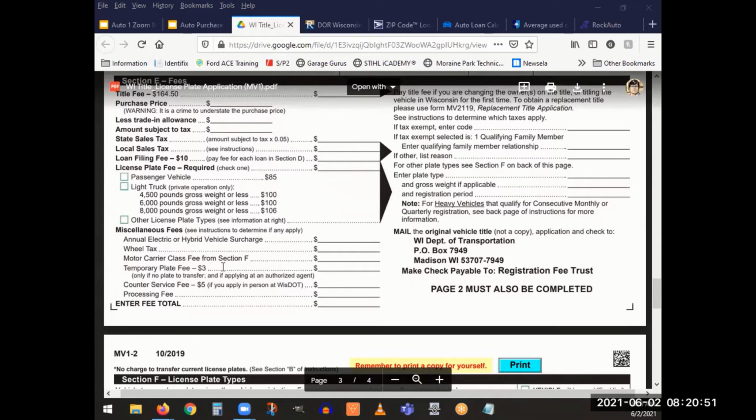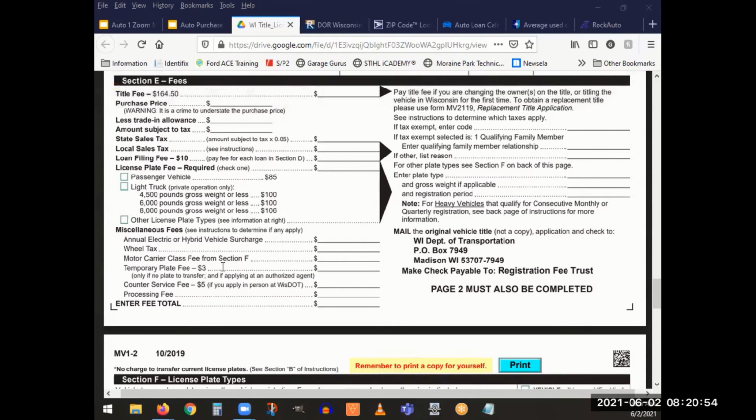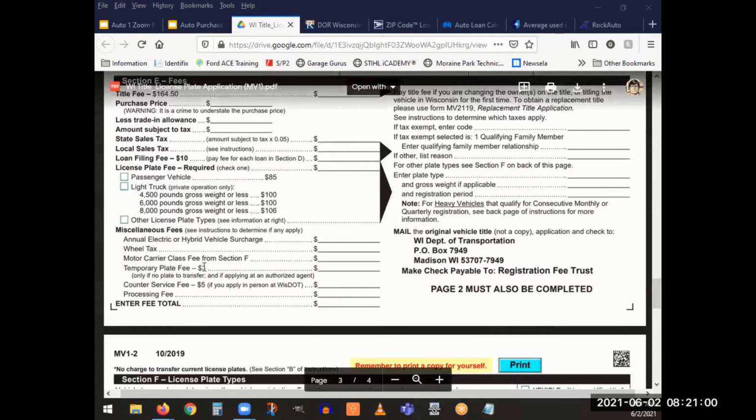Temporary plate fee, they're going to charge you $3 to get a temporary plate. And guess what? If you're not transferring plates, and we're not transferring plates because we don't have a vehicle that I'm going to have you use to buy your new car, we're going to presume you're starting with nothing. So yes, you're going to have to pay a $3 temporary plate fee until you get your normal plates in the mail.